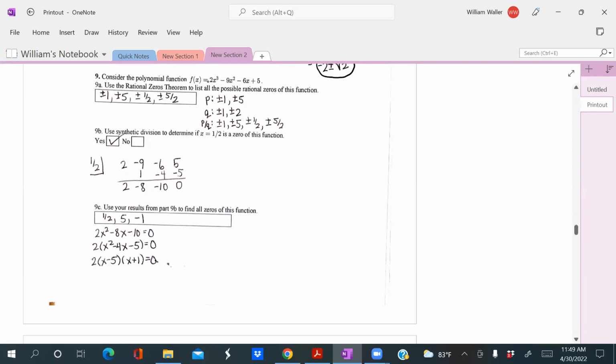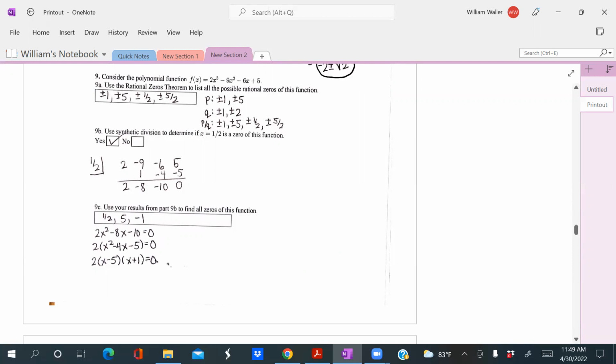The leading coefficient here is 2. So the possible factors of 5 are plus or minus 1 and plus or minus 5. Possible factors of 2 are plus or minus 1, plus or minus 2. You take all those quotients, all these factors divided by all of these factors, you get this list of possible rational roots, rational zeros, or rational x-intercepts.